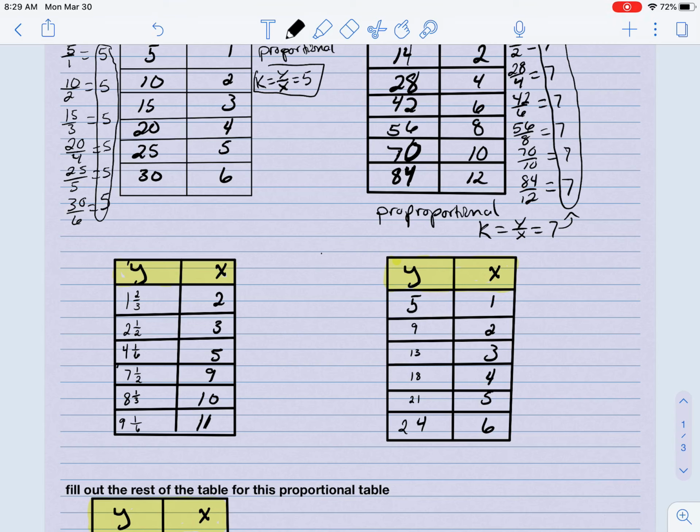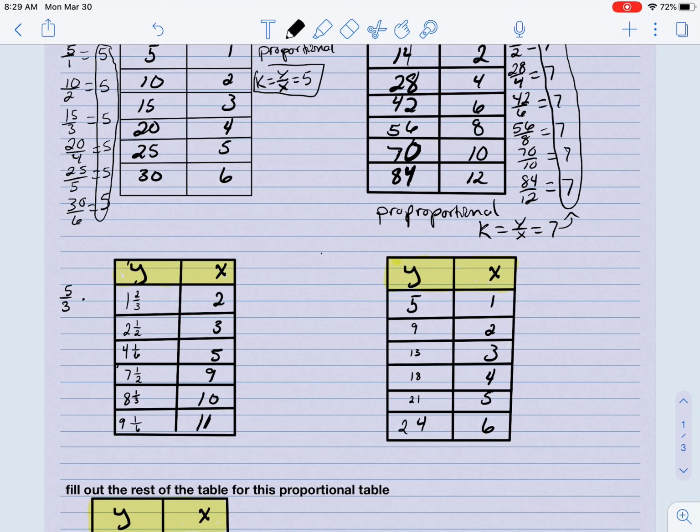We've got mixed numbers here, which might seem a little confusing, but we can write these as improper fractions. We always multiply our denominator by our whole number and add our numerator. So 3 times 1 plus 2 is 5 over 3.